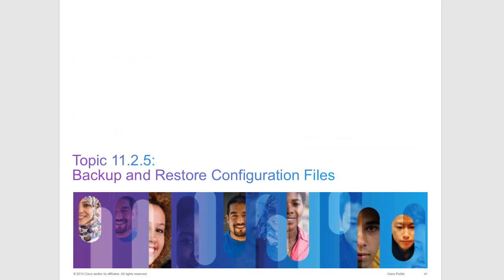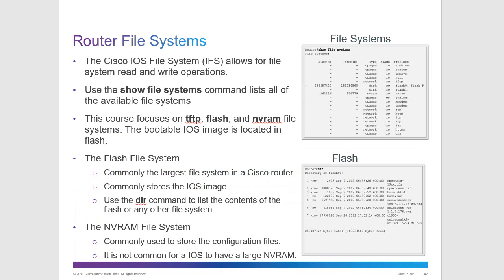Backing up and restoring configuration files. We can either back up and restore from TFTP or from your flash drive or USB drive. As a matter of fact, this material was in the 5.1 version of this course, but is not in 6.0, which is the version we're in.